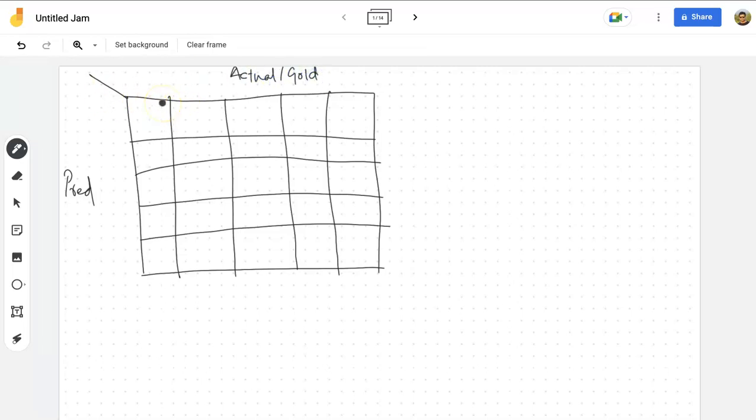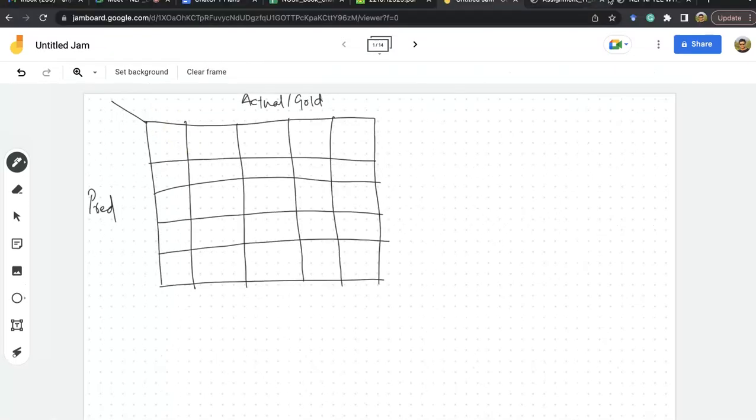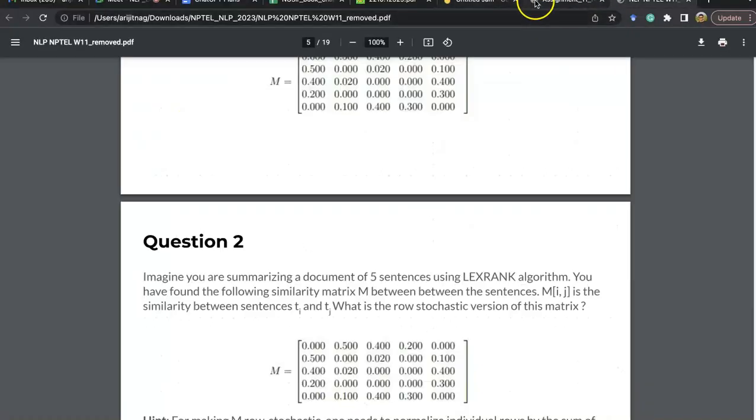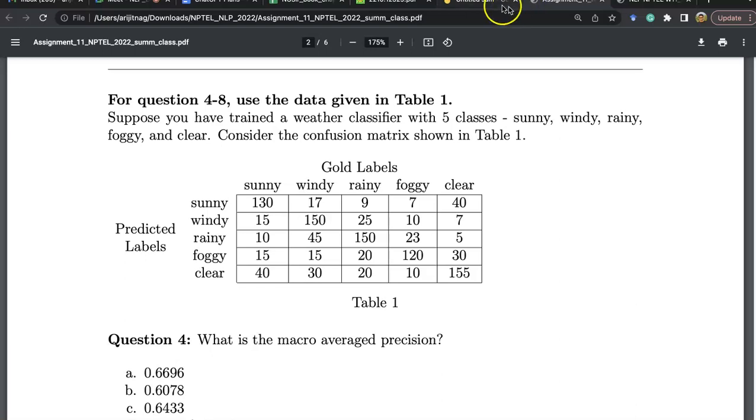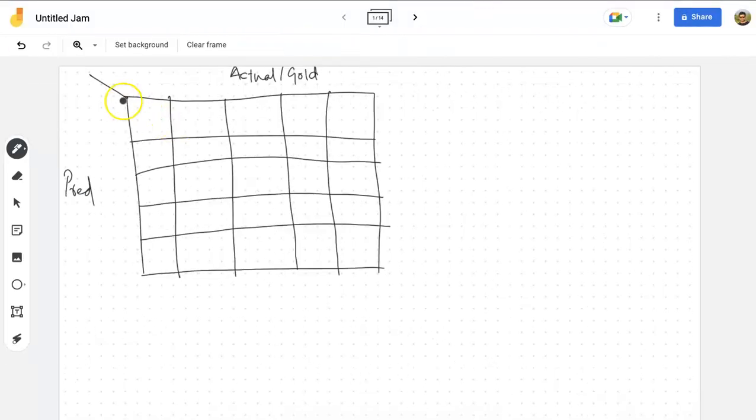And there are 5 different weathers: sunny, windy, rainy, foggy, clear. Similarly here also: sunny, windy, rainy, foggy, and clear.